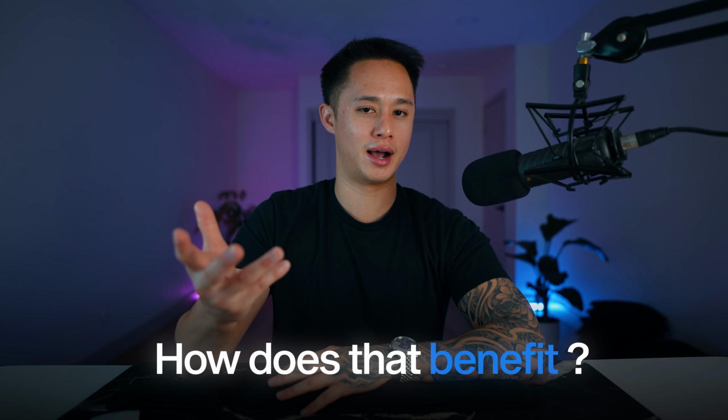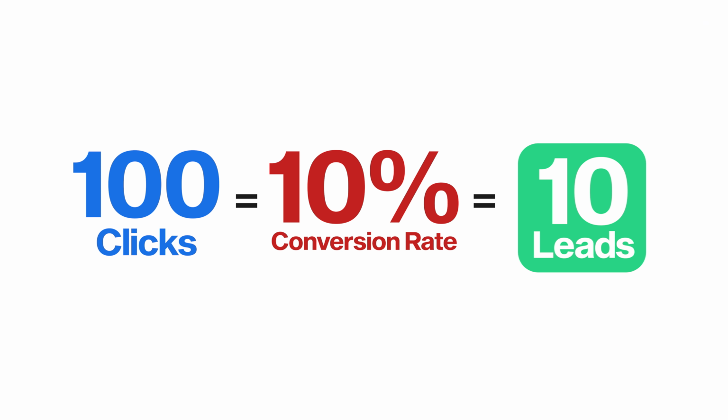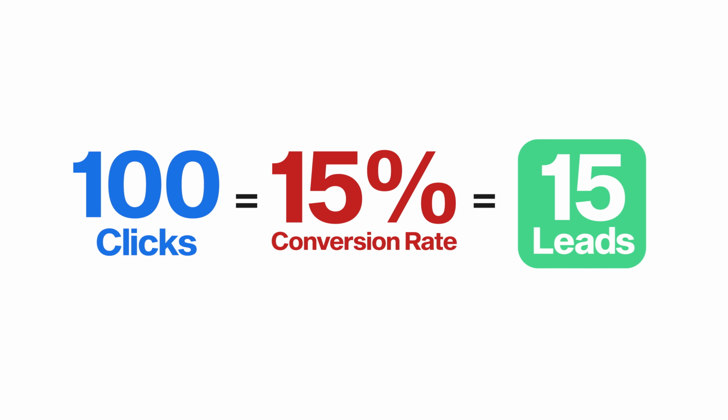And what does that mean exactly? How does that benefit you guys, right? What that means is, let's say 100 clicks, right? You run your ads and you get 100 clicks on your ad. If you have a 10% conversion rate, that means you're generating 10 leads. Let's say you have a 15% conversion rate, now you're generating 15 leads.